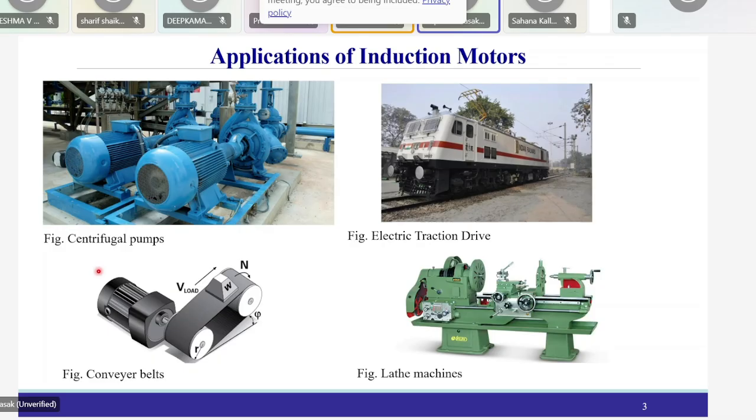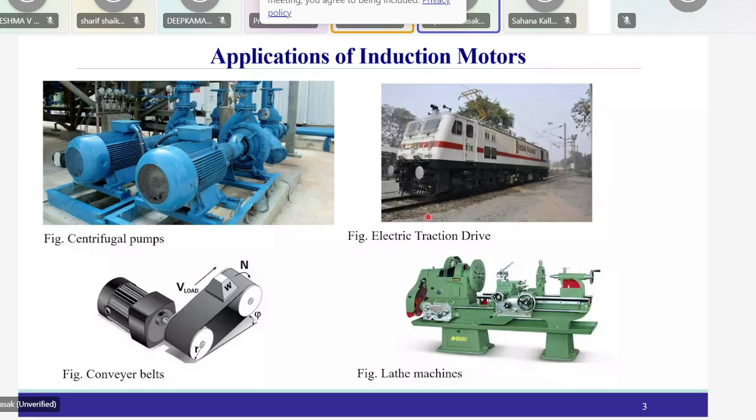We have, in our homes and also in different applications like water pumping systems, different centrifugal pumps, and centrifugal pumps typically take the help of induction motor drives. Also, if you see electric traction, the present generation Indian locomotives, you will see there is a lot of use of induction motor systems, right?